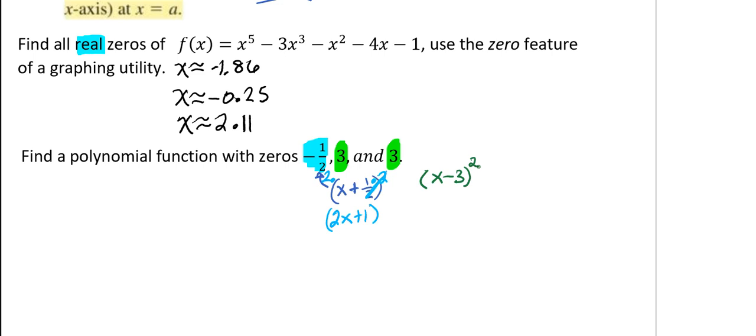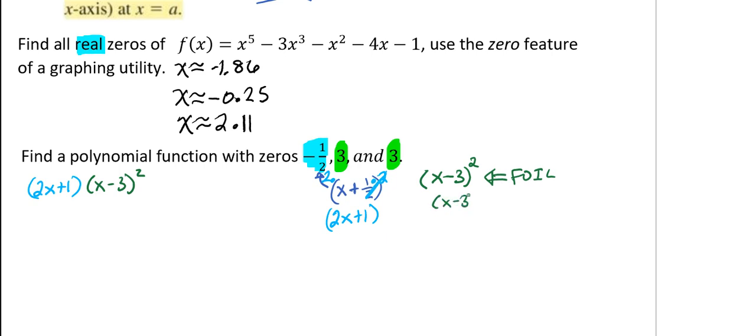Now, there's lots of different answers that you could have for this. This is just the simplest way to do it. So now we're going to take our 2x plus 1 and our x minus 3 quantity squared, and multiply those. We need to FOIL if we're trying to multiply things out.